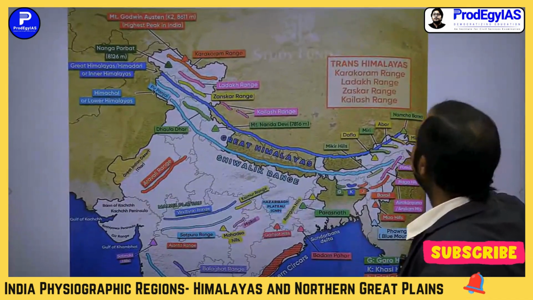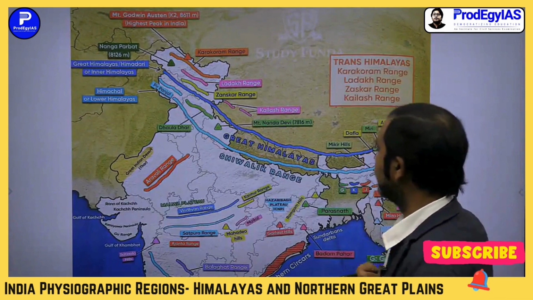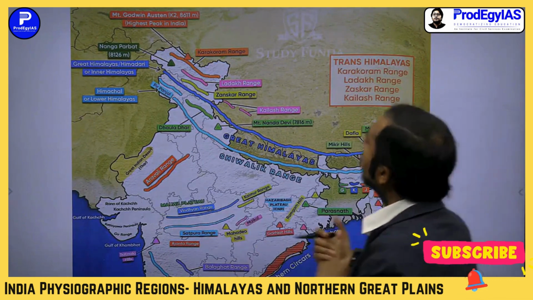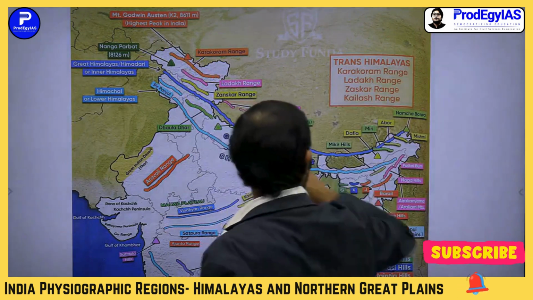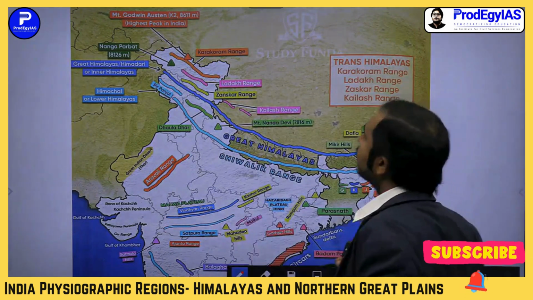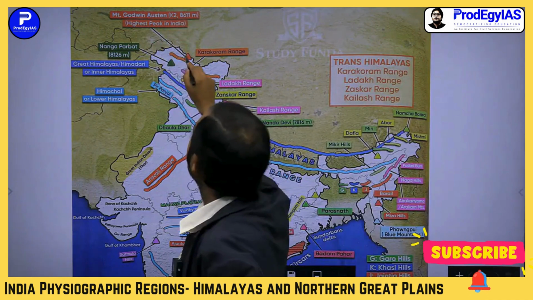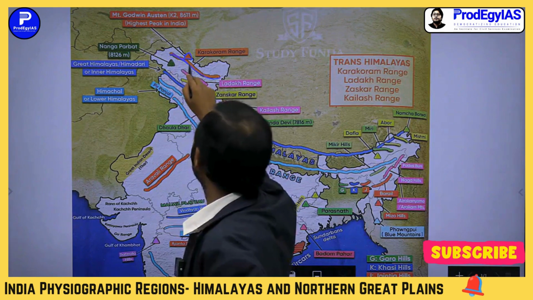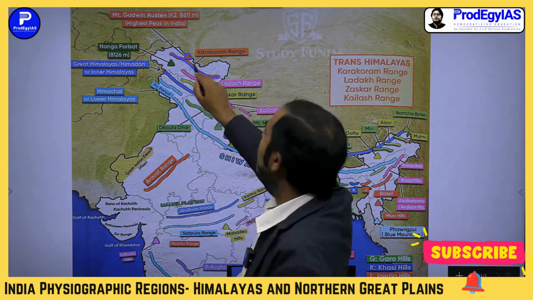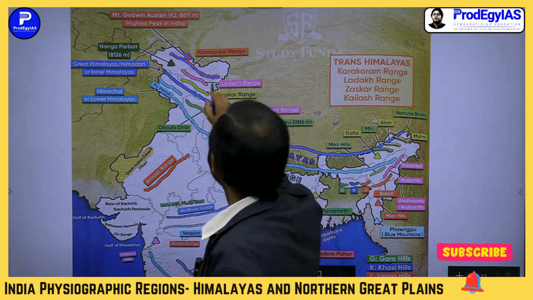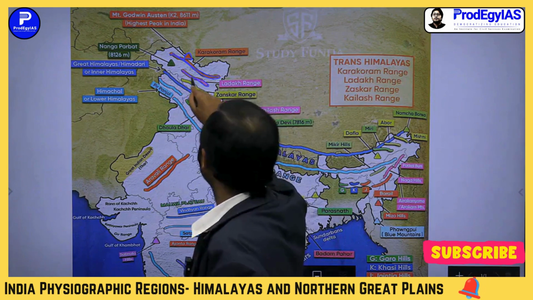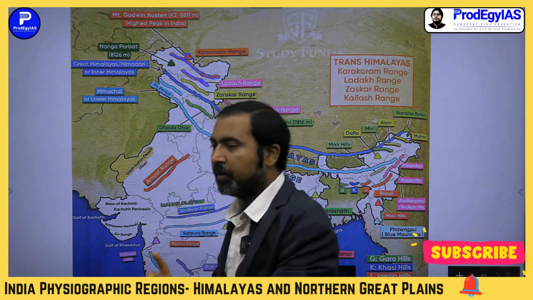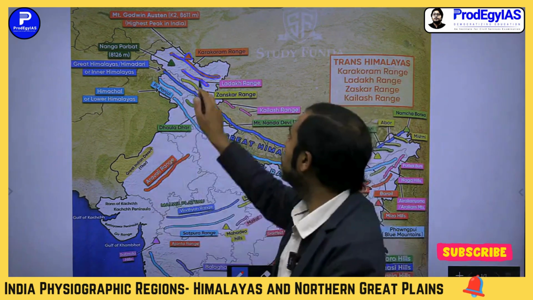Let us see all the mountain ranges of the Himalayas. Start from here. Mount Godwin Austen or K2, you know that this lies in this range of Karakoram. This is the Karakoram range. K2, Gasherbrum, Masherbrum. Okay. Then in the Ladakh range, the peaks were Mount Rakaposhi, Haramosh.